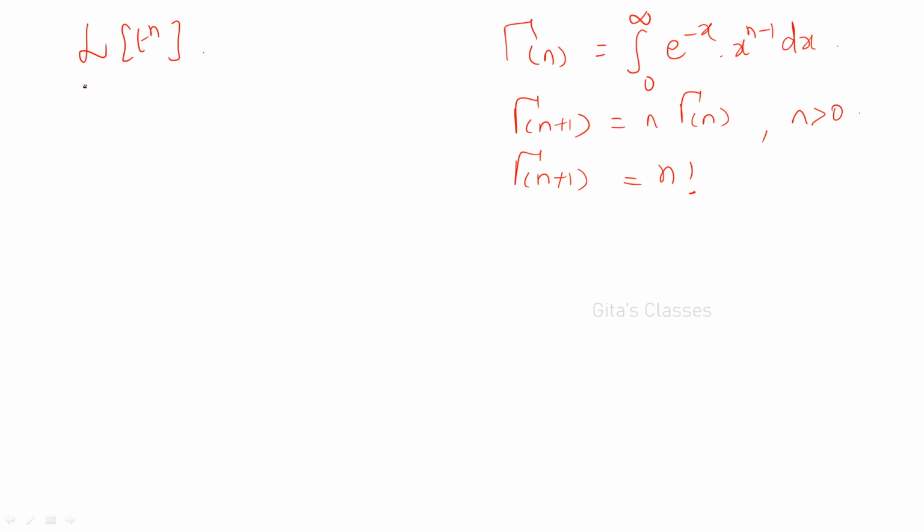So if you want to find L of t power n, this is method 2, using the gamma function. By definition, L of t power n is the integral from 0 to infinity of e power minus st into t power n dt. Now let us substitute st is equal to x.